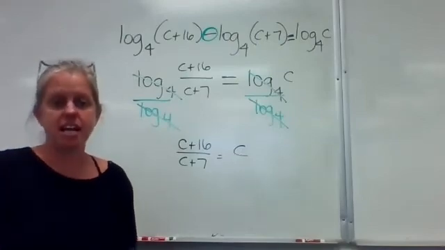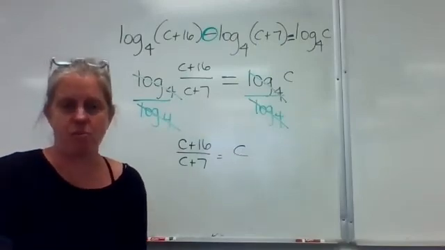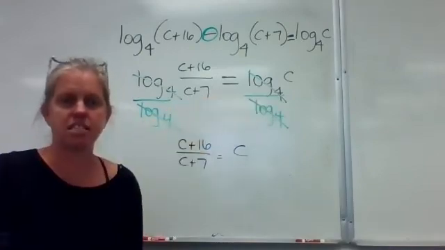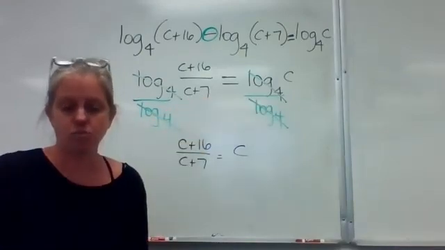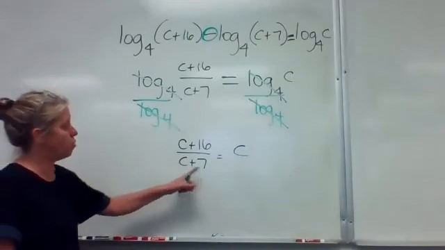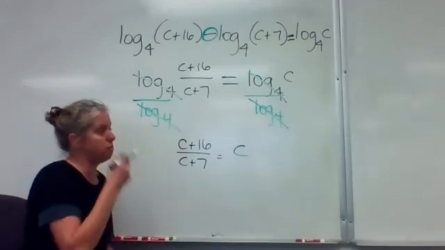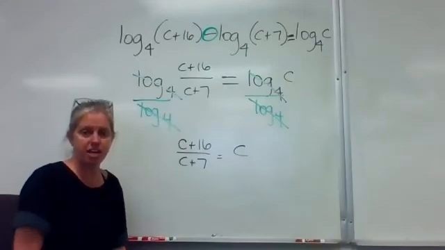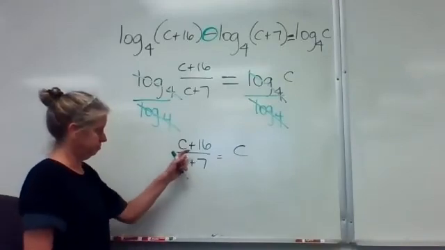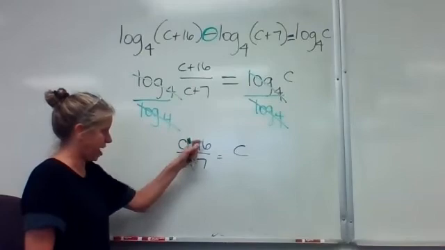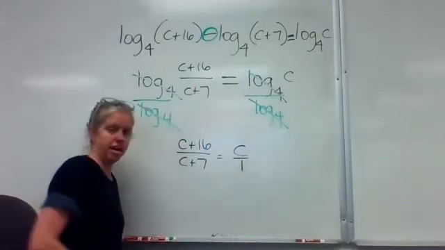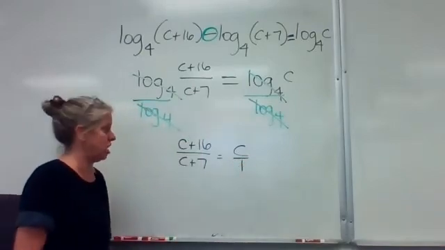So I'm trying to get c by itself, and I got c's everywhere, numerators, denominators by itself. If you are left with what's called a proportion, you can solve proportions by what's called cross multiplication, okay? A proportion means you have a fraction equal to, and I can make that side a fraction also.